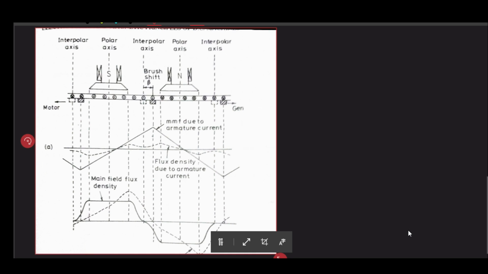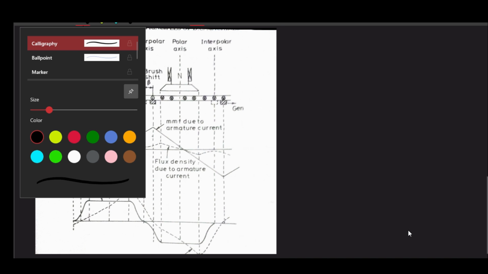The essence of doing that brush shift is to make sure that the brush should short or commutate the coils that are in the magnetic neutral plane, rather than the coils that are in the geometric neutral plane.